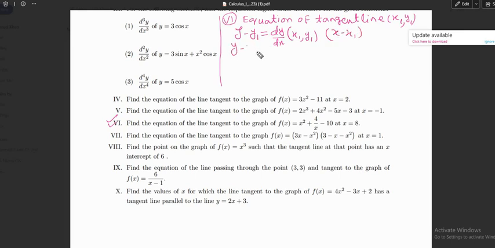Or you can say y minus y1 is equal to m, where m means slope, times x minus x1.